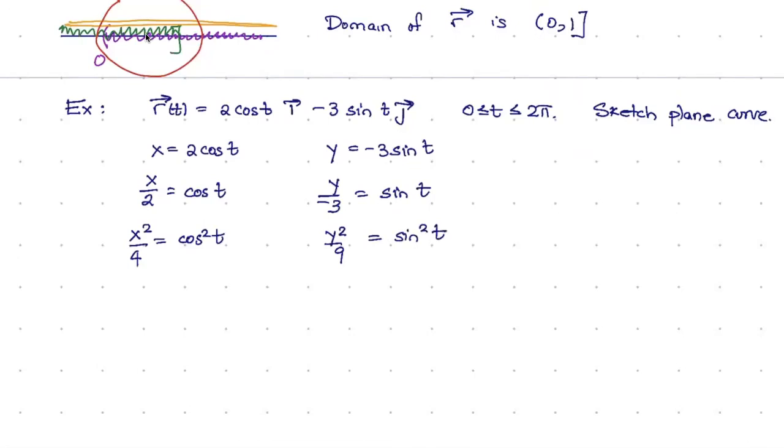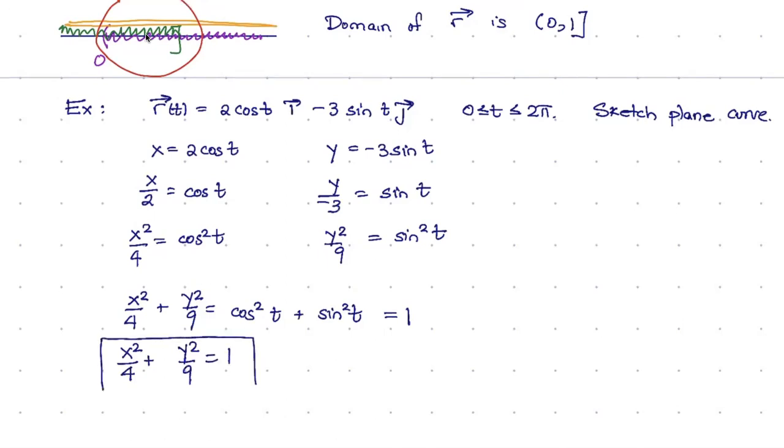We can add both of these equations together in order to eliminate the parameter altogether. And what we get is that this is the graph of an ellipse whose major axis is the y-axis.